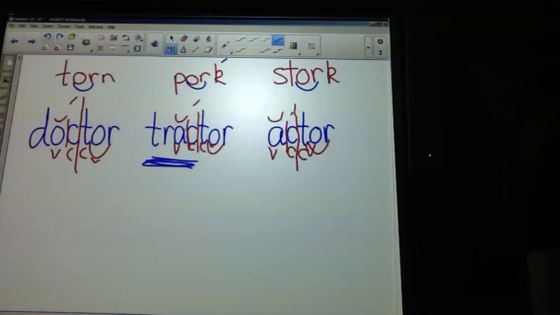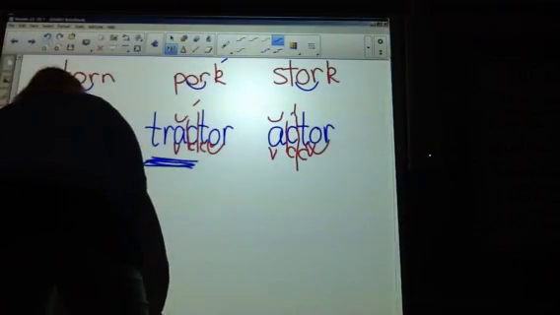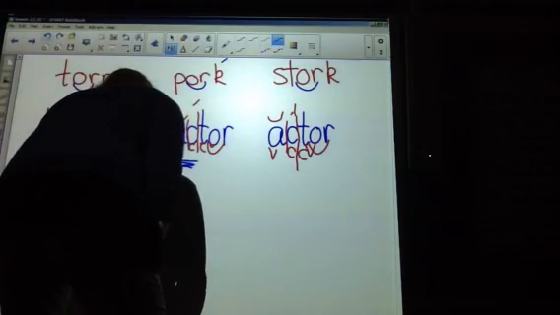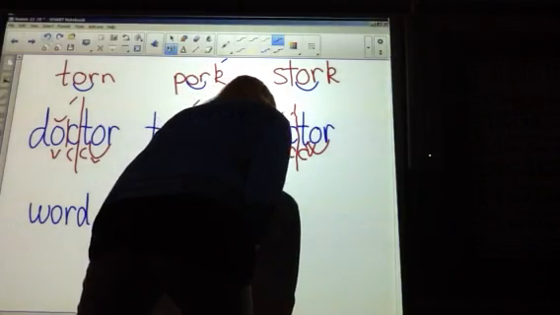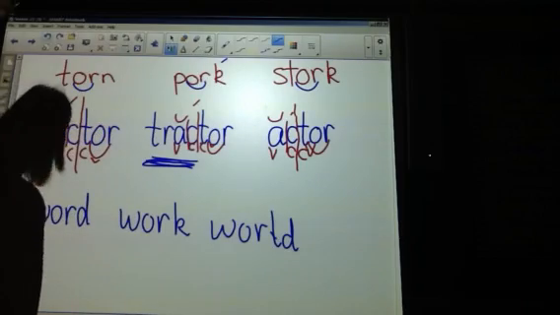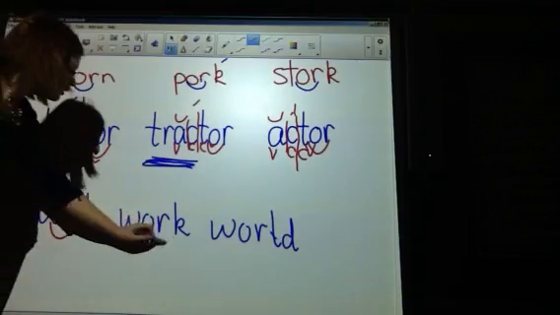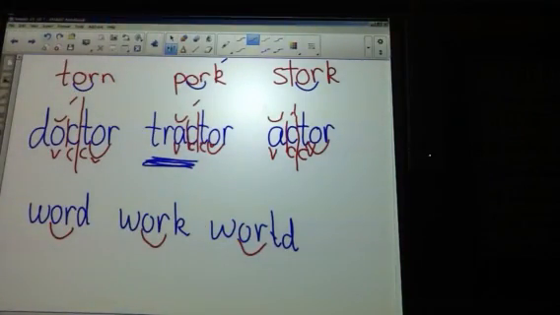Before we finish, I want you to look at a few other words. These all have combination OR too. But what sound do they make in those words? Word.